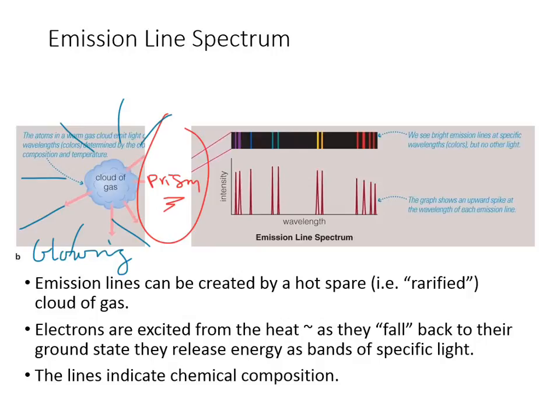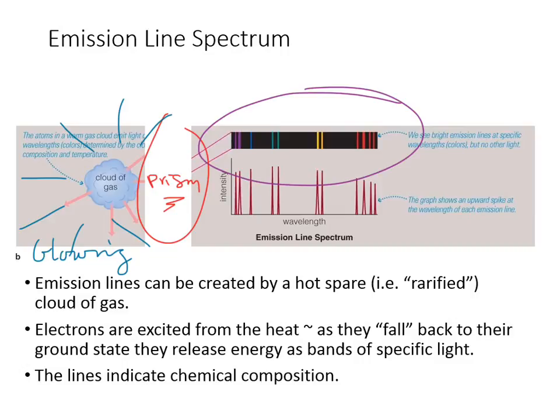The hot rarefied gas that's glowing will be a particular color, green or pink or blue. Nebulae are beautiful like this. But if we were to dissect that light coming from that nebula, it actually gives these discrete bands.